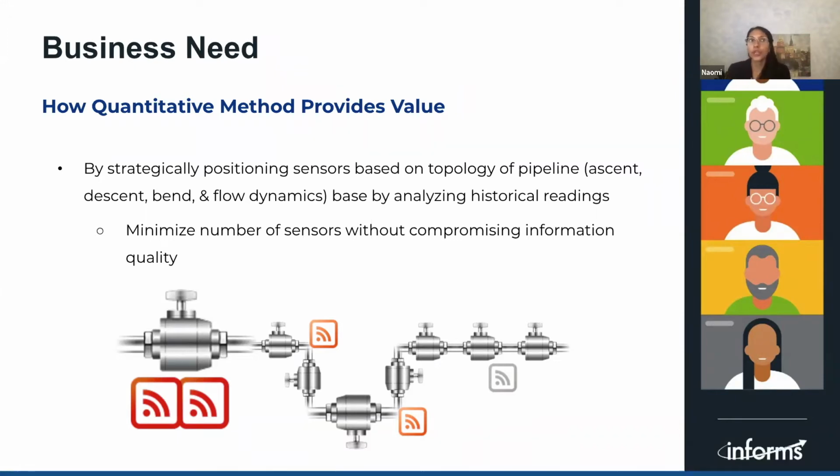Once you know which sensors are correlated, or moving together, we can make recommendations about which ones might be unnecessary and can be removed without compromising the quality of the data, meaning we're not missing any key area in the pipe, and we're also not over-monitoring.